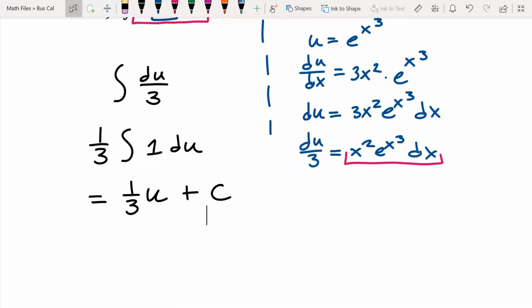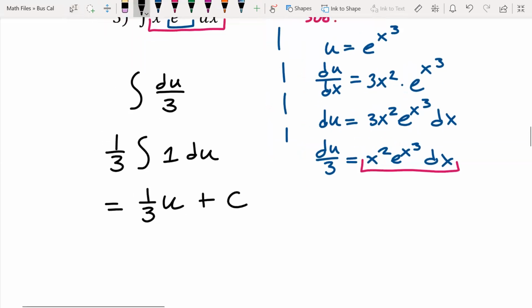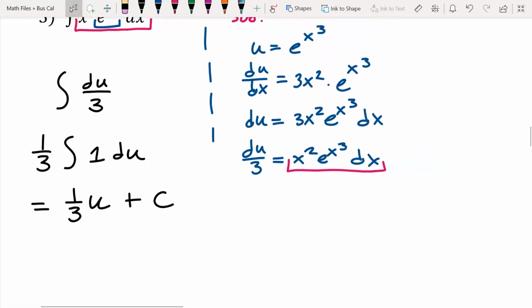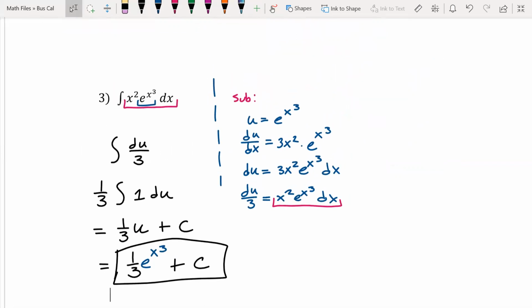And all we have to do now is plug in what u was, and you'll get 1/3 times e to the x cubed plus c. There we go. That's much better. If I did it the other way, it would have been a real mess.